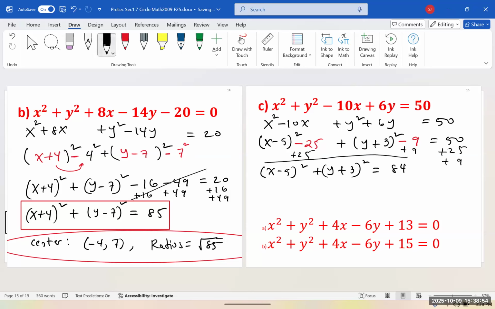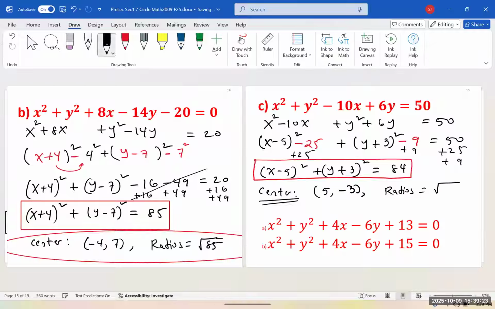So this is our general, the standard form. It gives weird shapes. And then center, 5, negative 3.